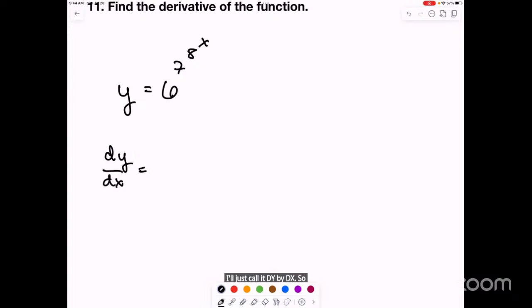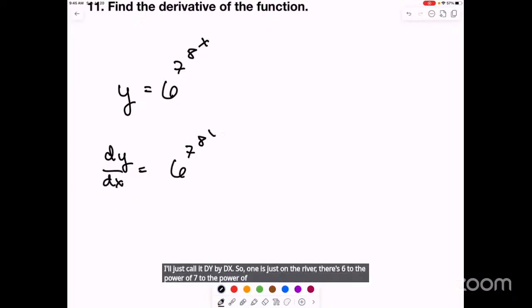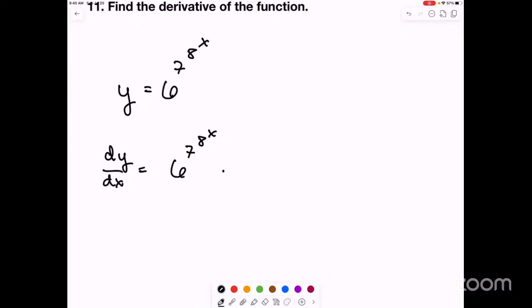So it's its own derivative, 6 to the power of 7 to the power of 8 to the power of x, times the derivative of that power, 7 to the power of 8 to the power of x. But then we need to say what?